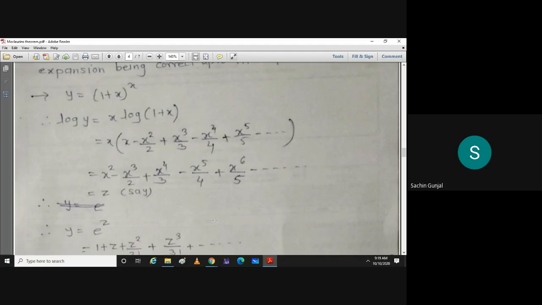Otherwise, this series expansion is not possible for any function. Okay, sir. So it is an approximation, considering that we know the exact value of x. Right. For certain values of x, wherever it is true, for those values we are dealing with. Okay, clear, sir.